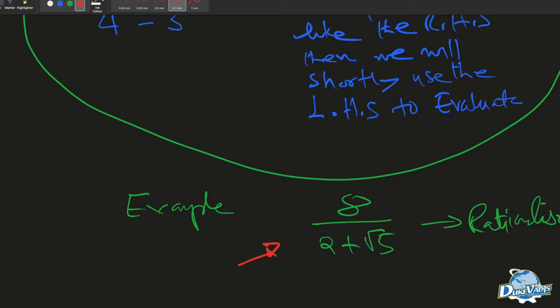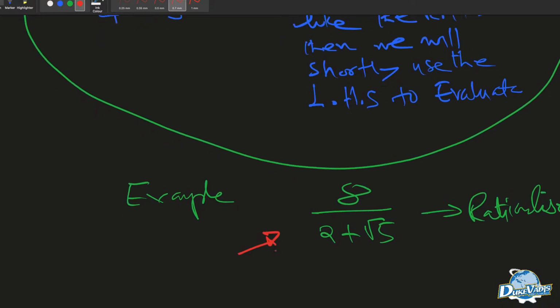Okay. Denominator. So now step 1. Select the denominator.